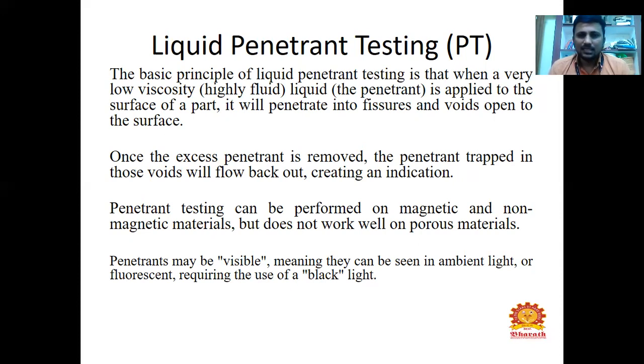The major disadvantage of the liquid penetrant testing method is that we cannot use it on porous materials. Other than that, whatever the material, magnetic, non-magnetic or metallic, we can use this testing method. It's one of the NDT testing methods, and it's a basic testing method also.